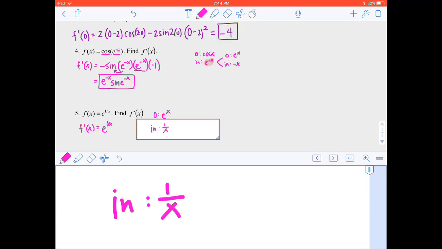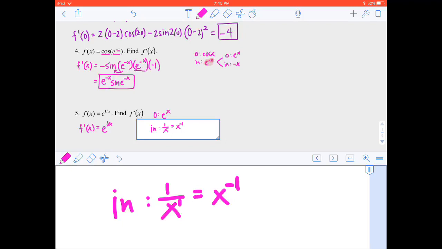So 1 over x, always remember, we can change this to a power. So this x really has a power of 1, and when you flip your fractions, you can change the sign from positive to negative or negative to positive. In this case, it'll be positive to negative.